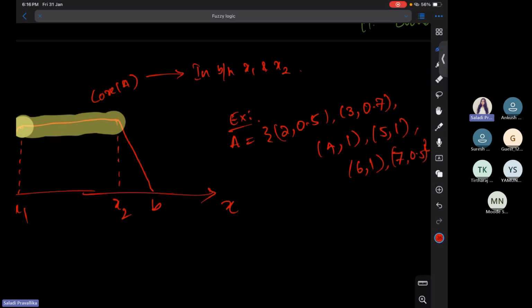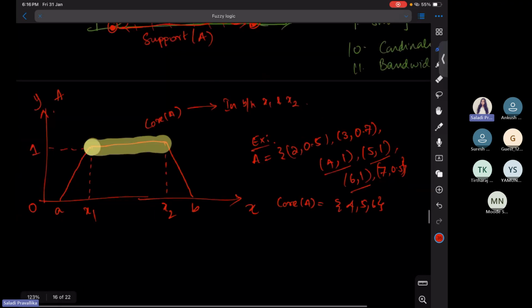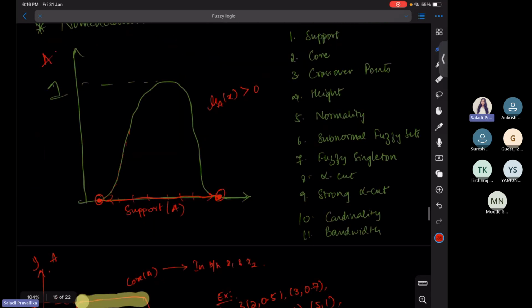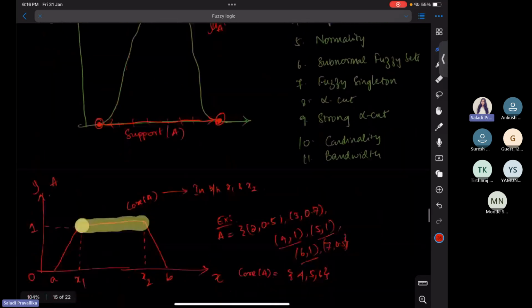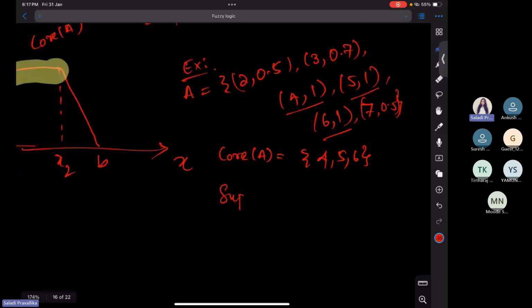Then the core of A is equal to 4, 5, and 6. That is when the membership function values are equal to 1. Okay, so this is called the core. And let us again look at what is the support for this particular example.